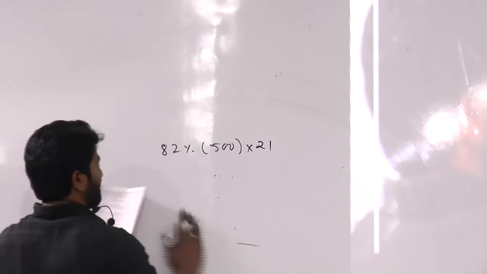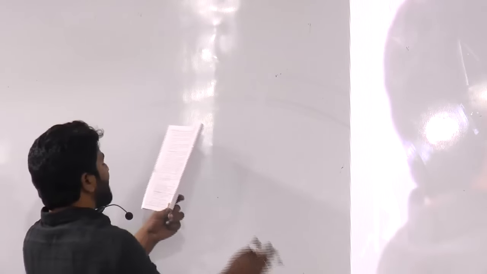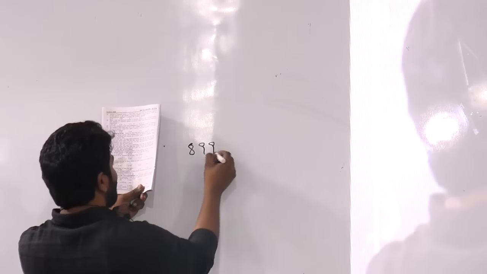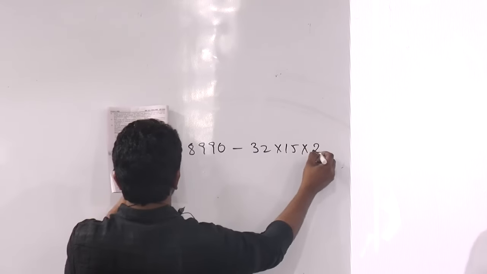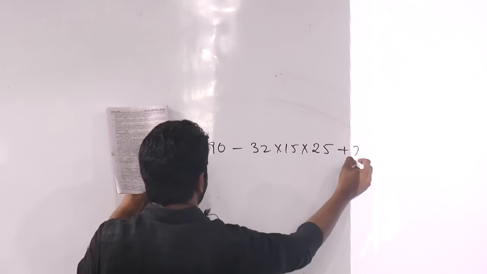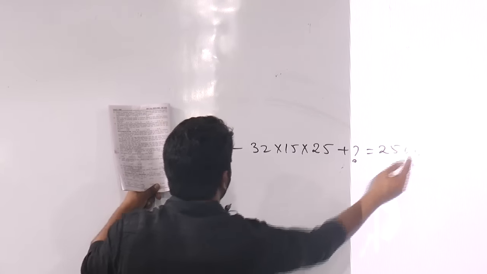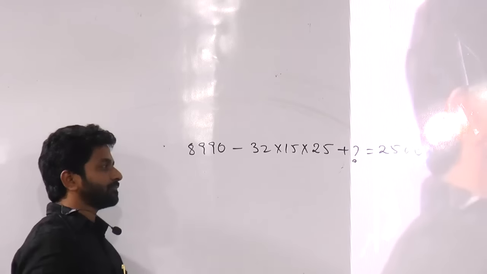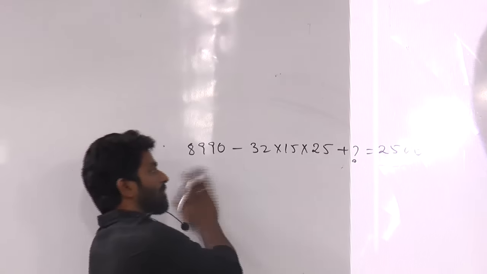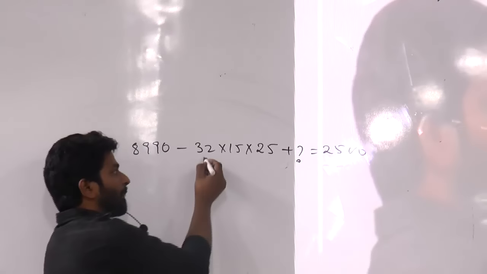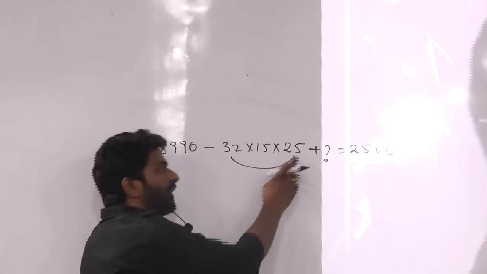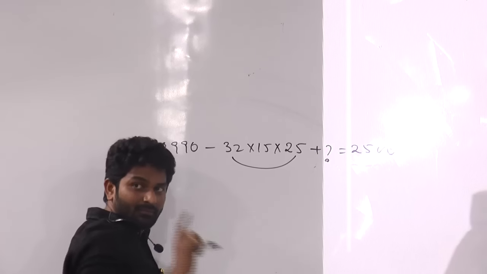Next, 8989. So I'll treat this number as 8990 minus 32 into 15 into 25 plus something is equal to 2500. Okay. 25 times. 4 25s? 100.